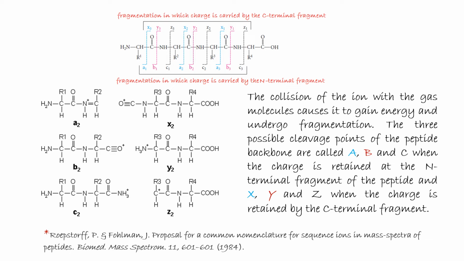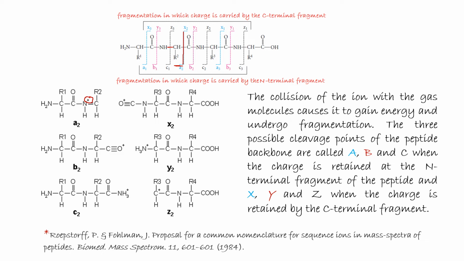Well, for A, B, and C, we will see, for example, A2, this part. The ion will have a double bond between this carbon and this nitrogen, with the positive charge here. Once it has a positive charge, it will be seen in the mass spectrometer.